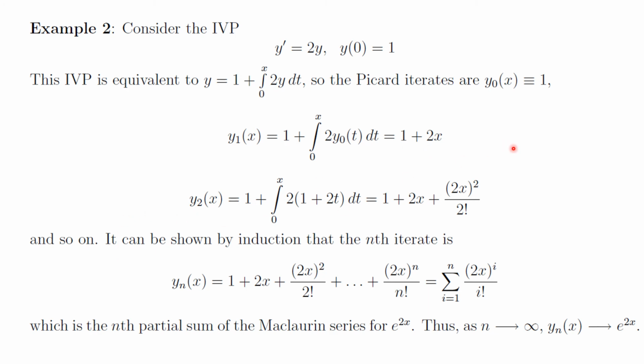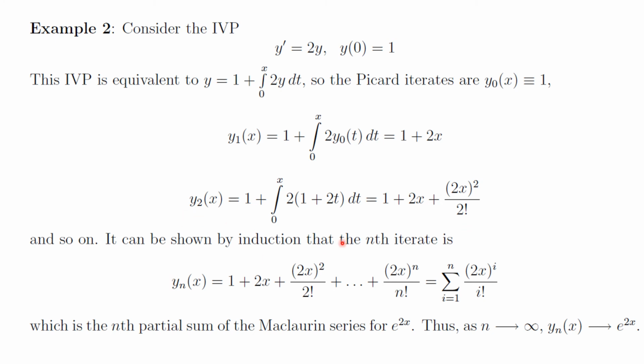Then y2, I take 1 plus the integral of 2t, substitute in, this is y2 of x. And this time, I will get 1 plus, when I integrate 2, I'll get 2x. When I integrate this one, I will get (2x) squared all over 2 factorial, and so on.